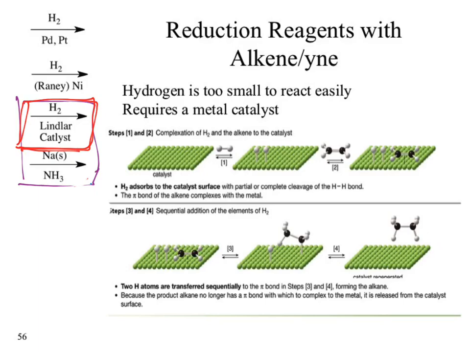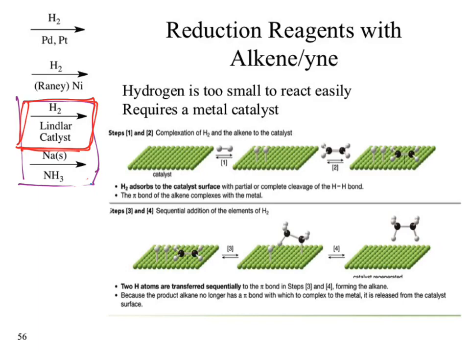Hopefully you've had an opportunity to watch the radical video. The radical video is talking about single electrons. What is sodium ditching? A single electron, which means that last reaction is probably going to run through a radical mechanism. And indeed it does.